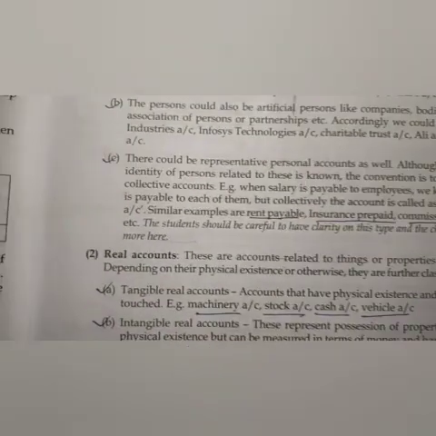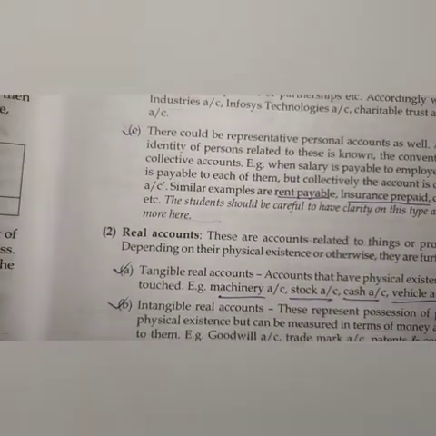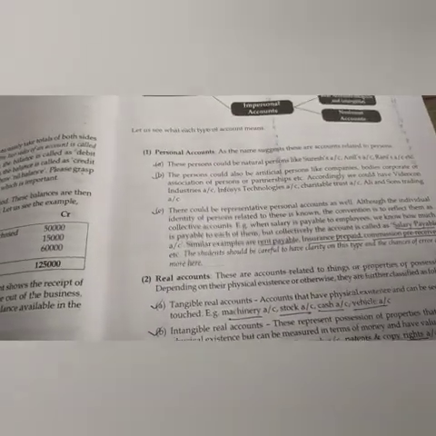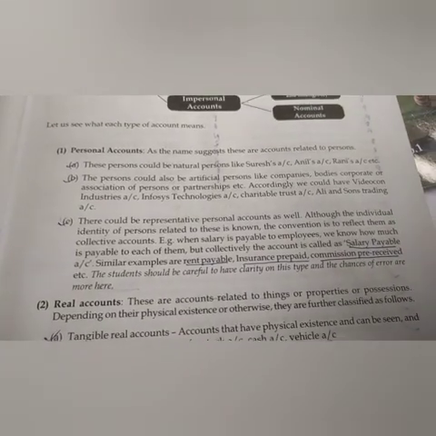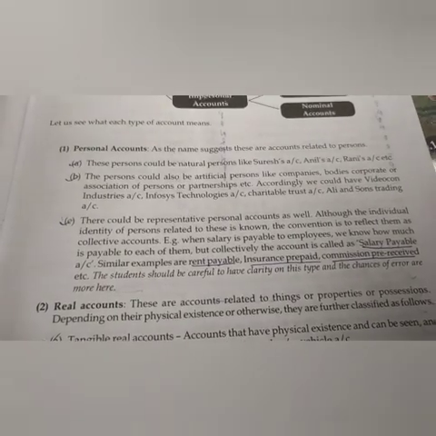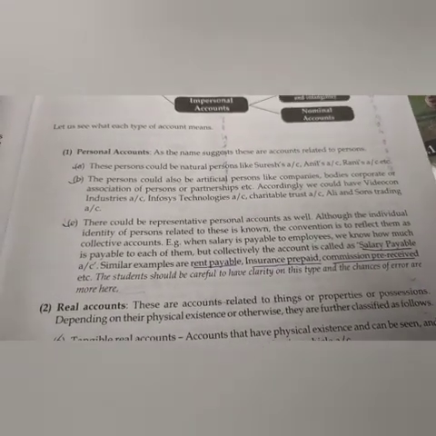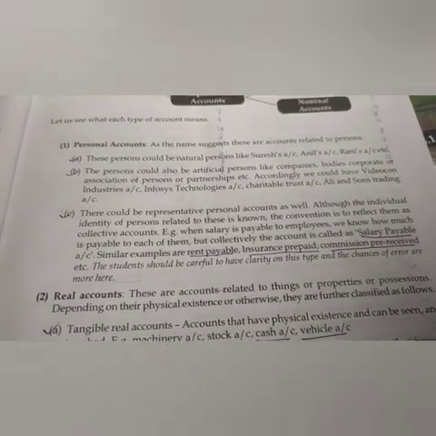So Bank of India is not a natural person's account. Then let us see the artificial persons like a company, body corporate, association of persons or partnership, for example Videocon Industries, Infosys Technology, charitable institutions.